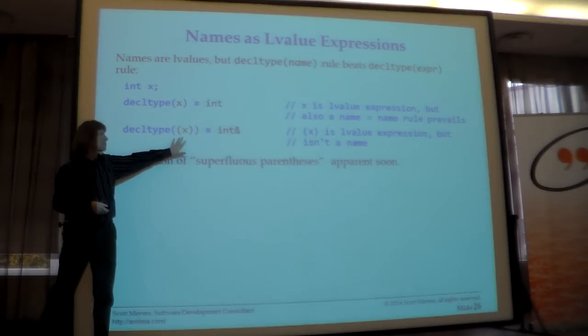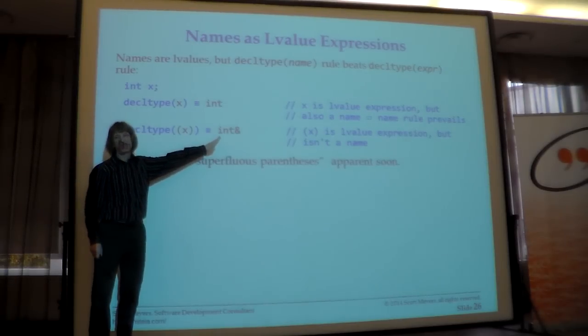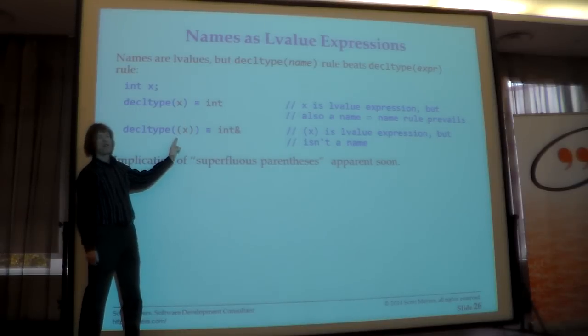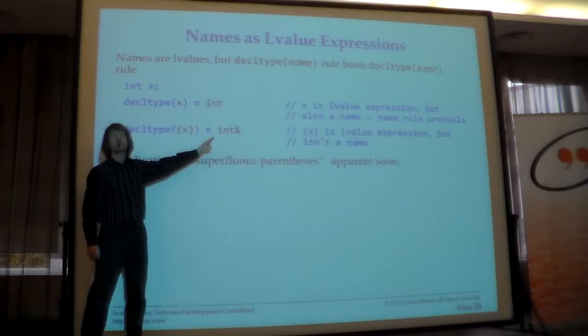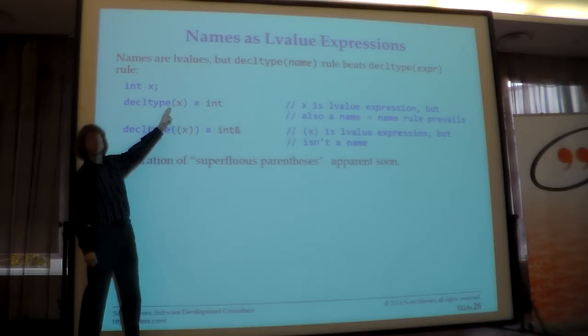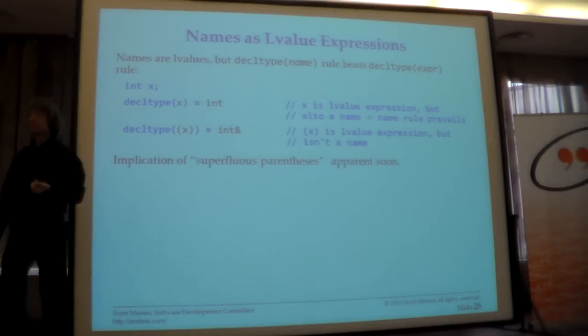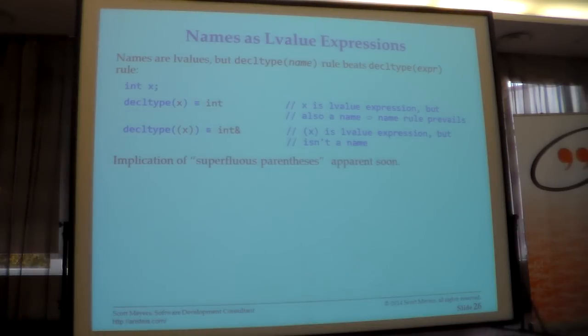Decltype of (x) is int ref. Decltype of x is int. Decltype of (x) is int ref. Because this is a name, this is an expression, it's not a name. For purposes right now, we can say, okay, this is interesting, but it doesn't make much difference to our lives. It will make a difference to our lives shortly.